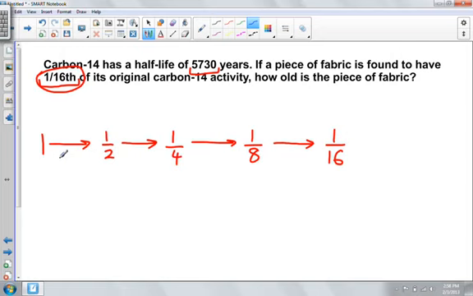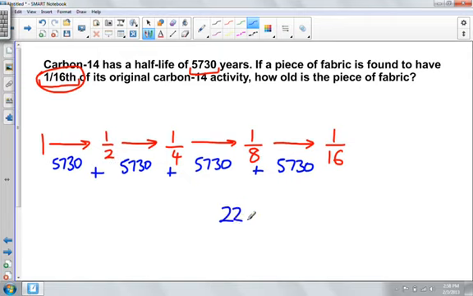Well, it's just a case of adding up our years. 5,730 years for the first half-life, and for the second, and for the third, and for the fourth. So really, all it is is 5,730 times 4, which is going to give you about 22,920 years.